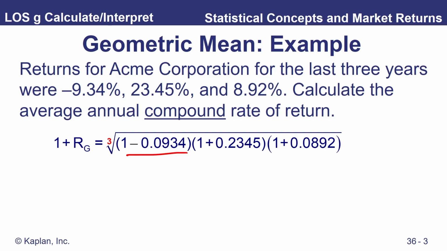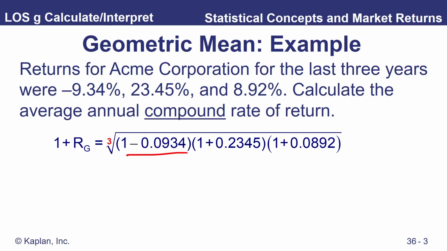In the second period, it's a positive return of 23.45%, so 1 plus 0.2345. And in the third period, 1 plus 0.0892. Now we're assuming, of course, that these are annual returns, and we want to work out the average of those 3 lots of annual return. So we then take the cube root.